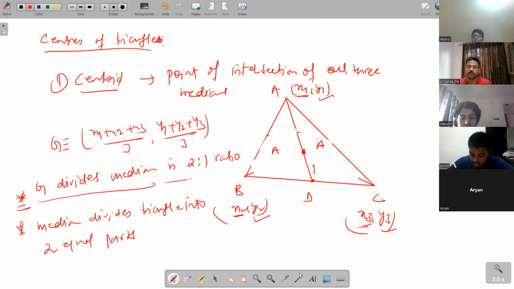Like that, this median will also divide it into two parts, and this median too. So the centroid is the point which divides the entire triangle into six equal parts. Area of this must be equal to area of this, equal to area of this, equal to area of this, equal to area of this. So the centroid will divide the triangle into six equal parts.